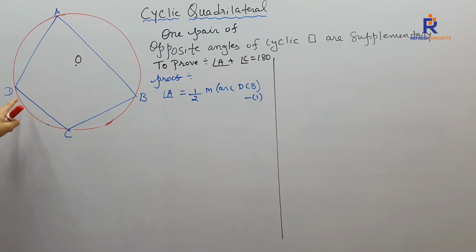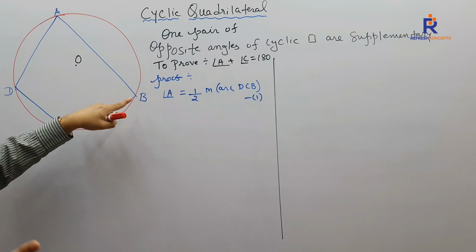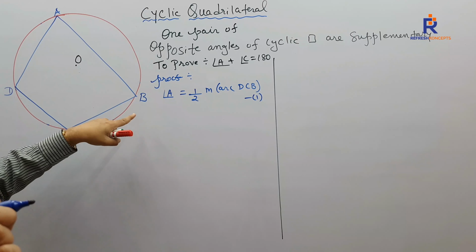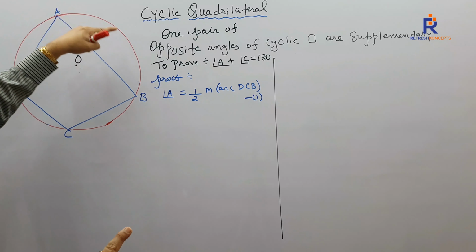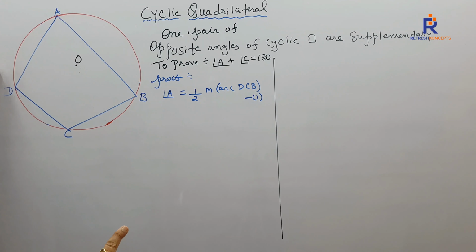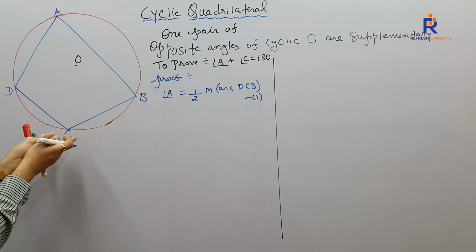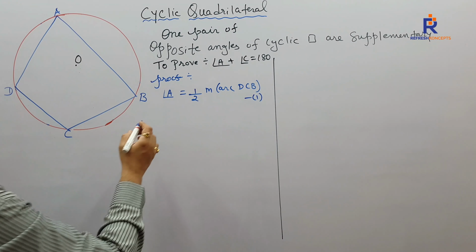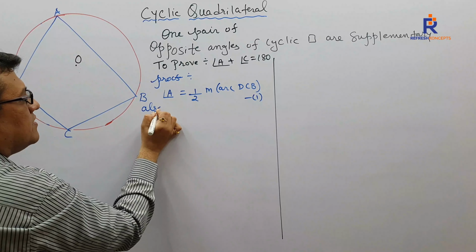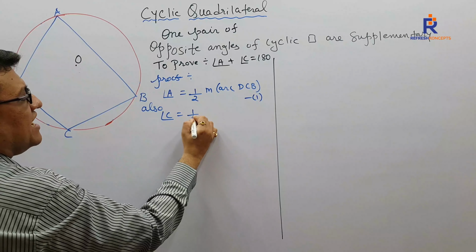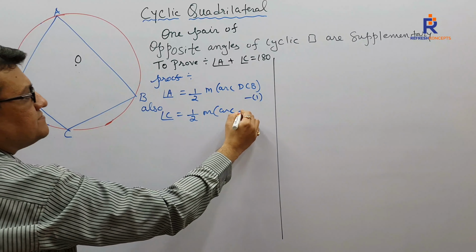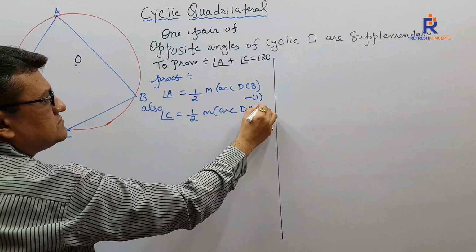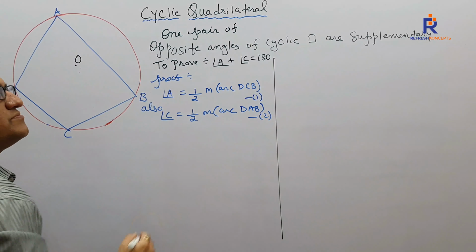Angle C, which is DCB, is also an inscribed angle. And what is its intercepted arc? DAB, because it is arc DAB which is forming angle C. Also, angle C is half of measure arc DAB. This is my equation number 2.